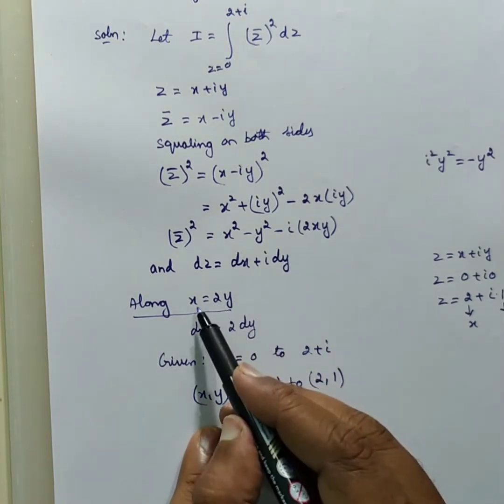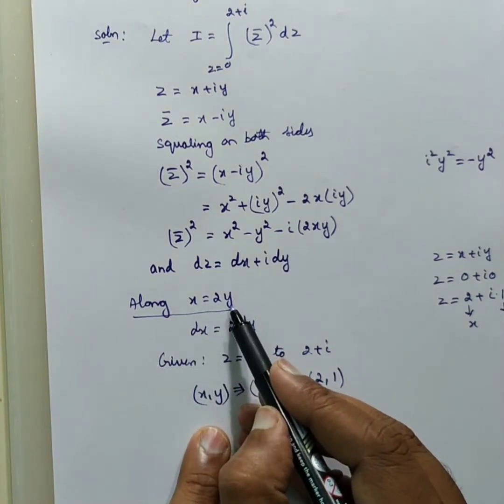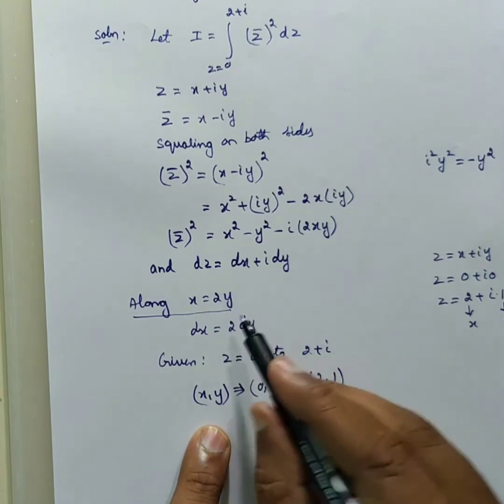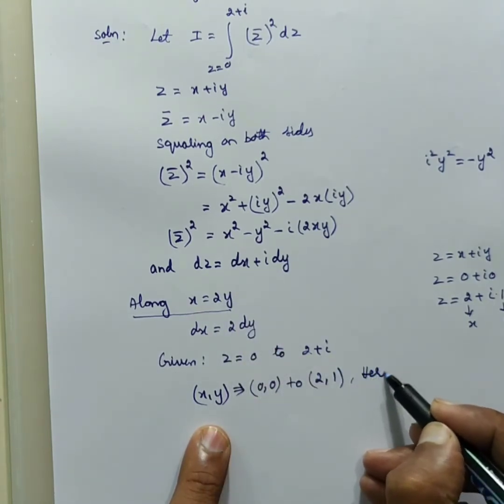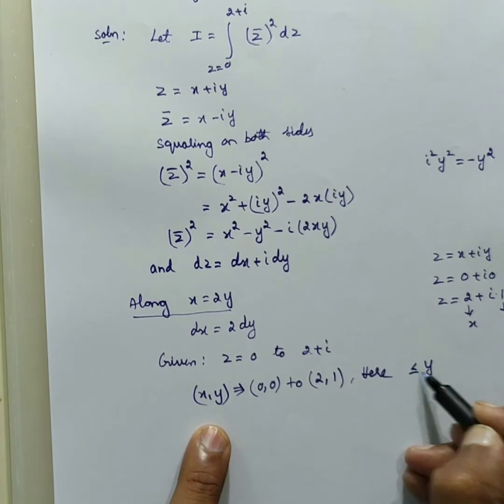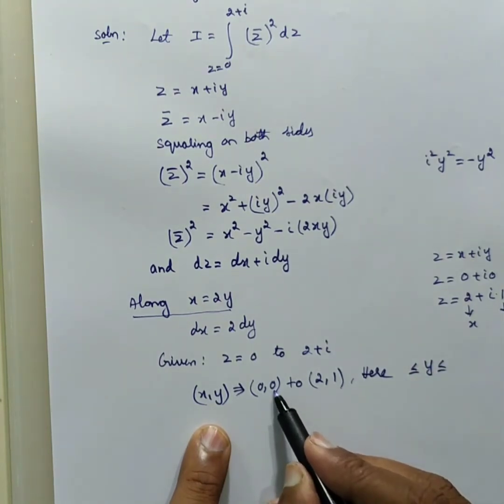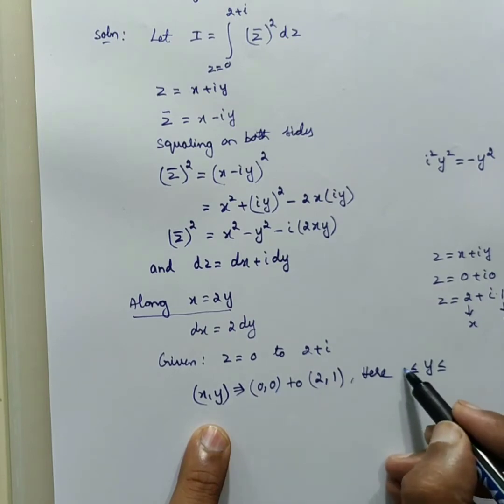Since I have already taken the value of x in terms of y, I will take the limit values for y. So what will be the range for y? y will be ranging from 0 to 1.